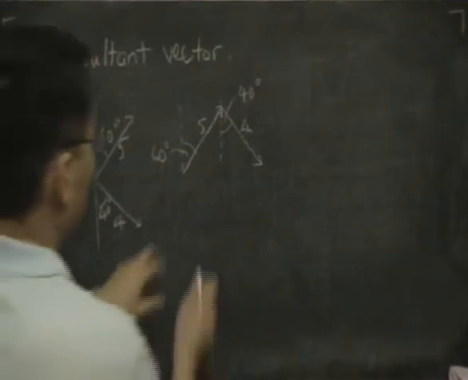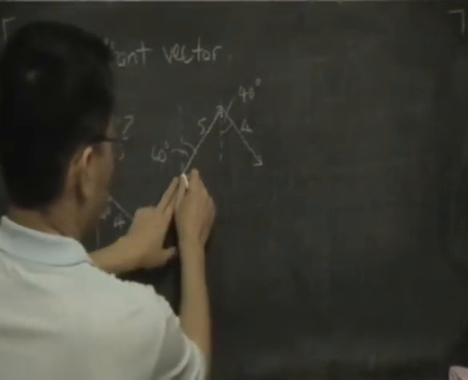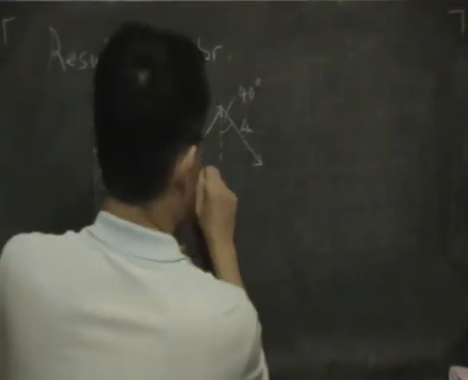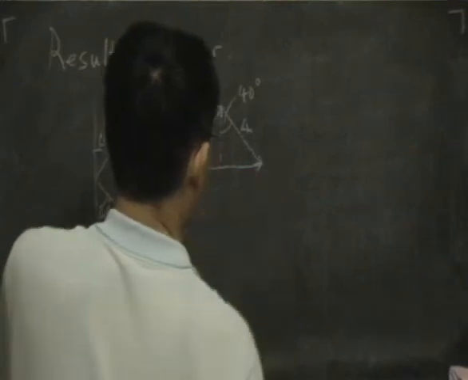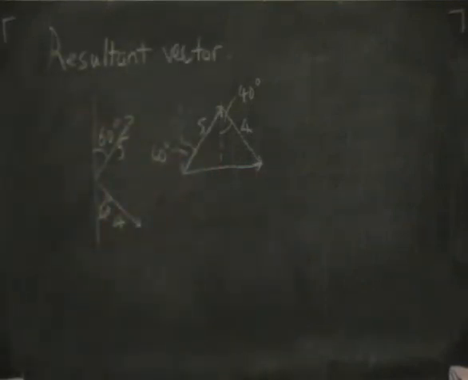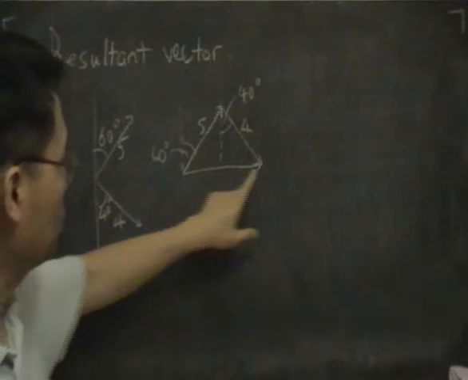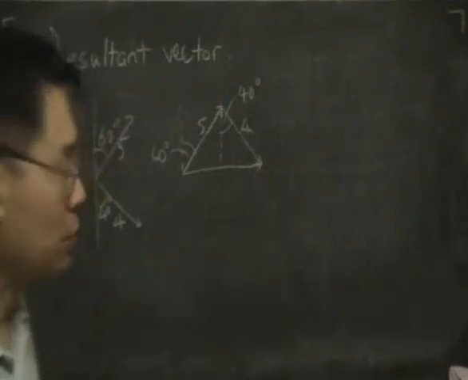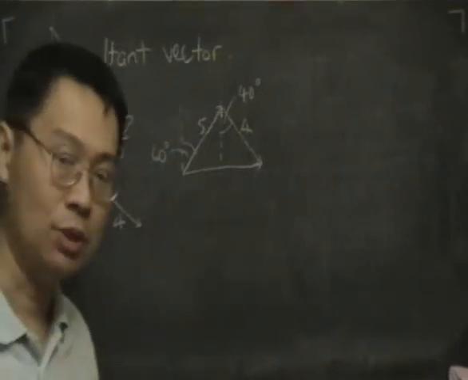Well, I will just join the starting point here to the final point. So you join the tail of the first arrow to the tip of the second arrow. So that's the resultant.